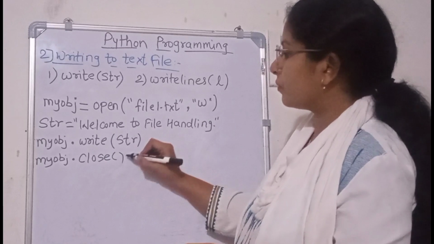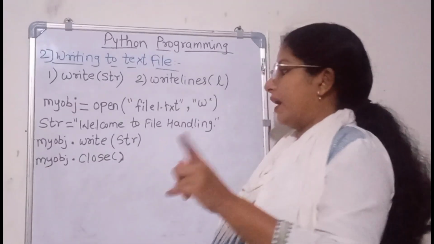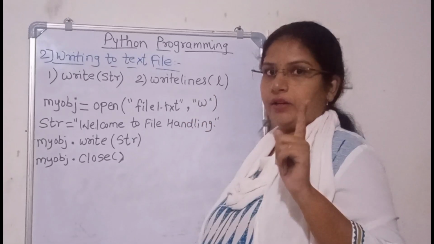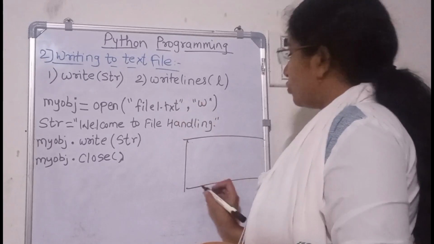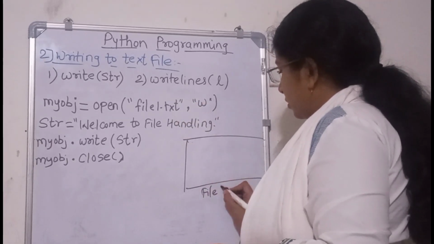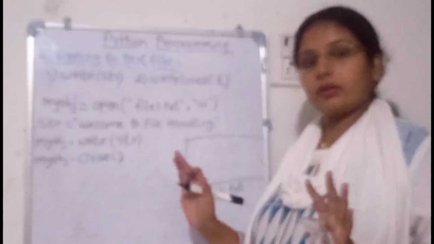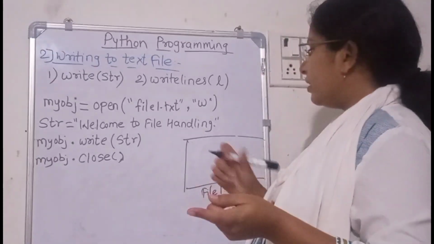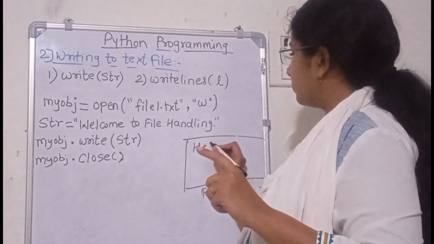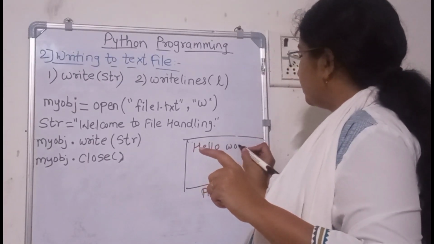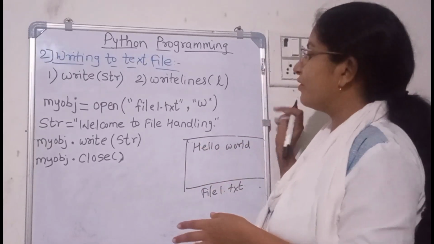Now here, as we discussed in the last session, if you are opening the file in the write mode, suppose this is your file1.txt, this is your file which already exists in your computer, and in this, suppose one line is there, "hello world". This is the most common line when we are learning a new language.